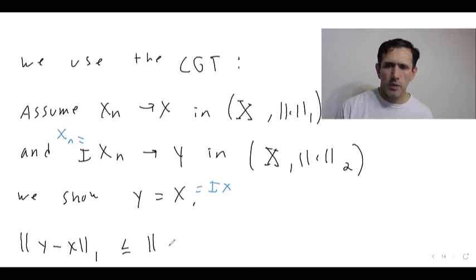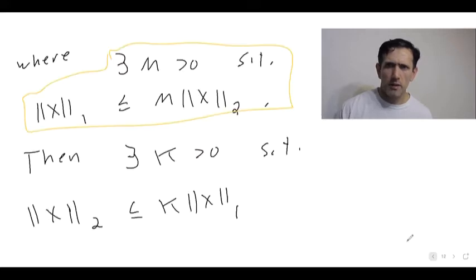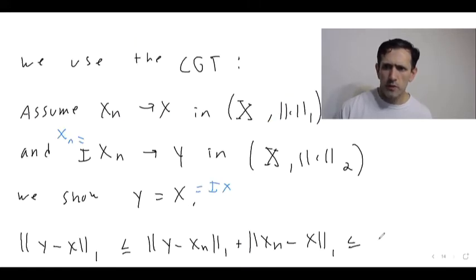So this is going to be y minus xn plus xn minus x. Well, this is going to be less than or equal to, what do we have in yellow? We're assuming this is true. So I don't know if this is a good idea to try and squeeze, but I'll try it.